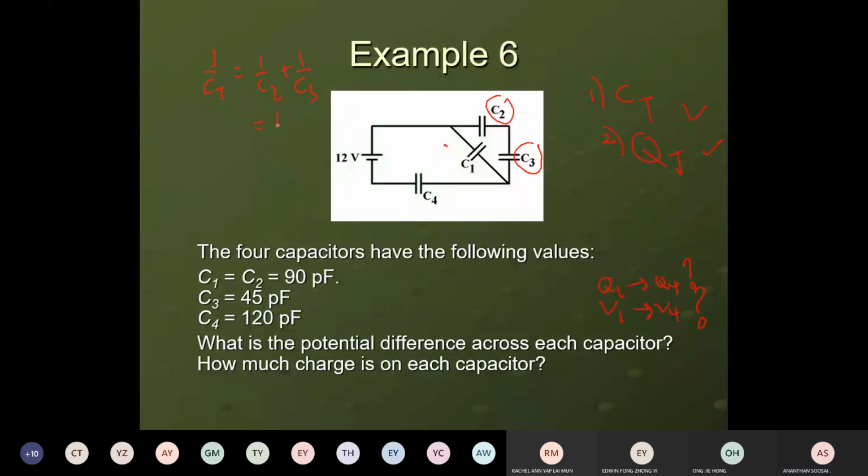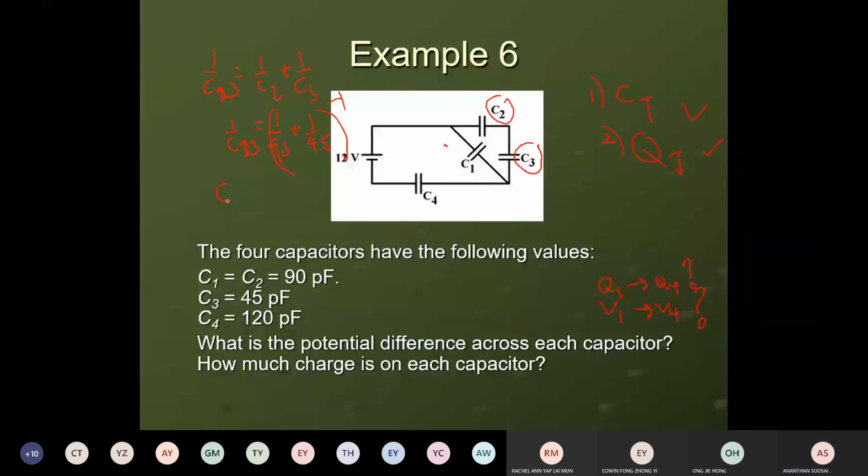So 1 over 90 plus 1 over 45 will give you 1 over C total. This C total is only C2 and 3. After you get this, you have to take the reciprocal, and you get C2 and 3.